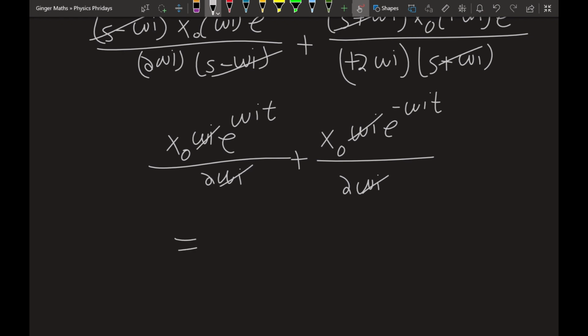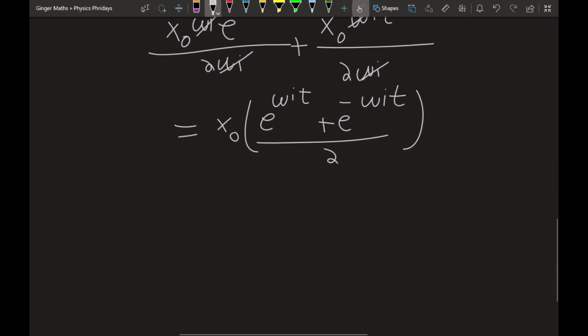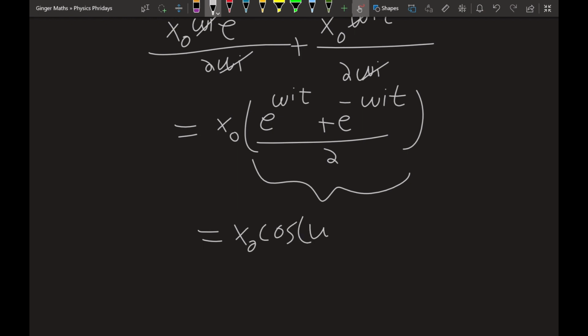So what we're left with here is I'm going to factor out the x naught times e to the omega i t plus e to the minus omega i t divided by 2. But this right here is really just the definition of cosine of omega t. So this bit right here is just x naught cosine of omega t. So yeah, that's our first bit of our inverse Laplace transform.